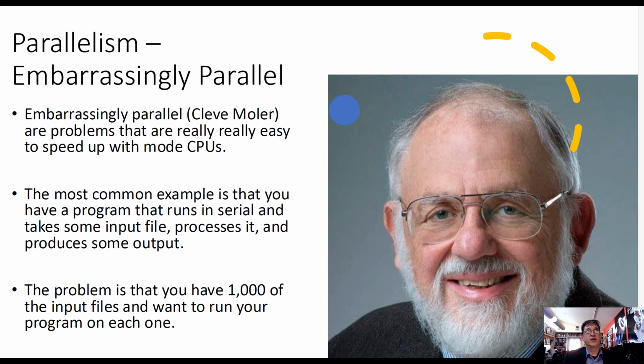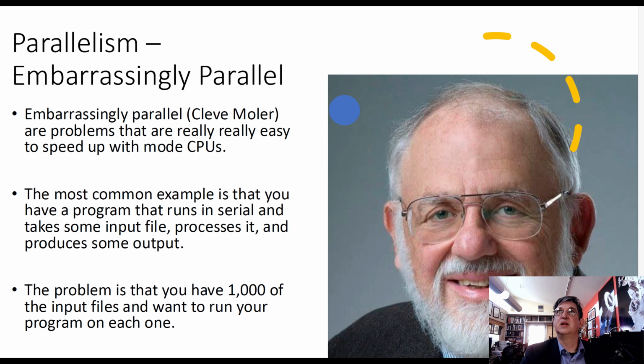So he coined this phrase, embarrassingly parallel, and it really means that if you double the number of CPUs, you can double the amount of work you can do. So if we have 1,000 inputs and 1,000 CPUs, we can calculate that in the same amount of time it takes for one CPU to calculate with one input. So let's take a look at that next.